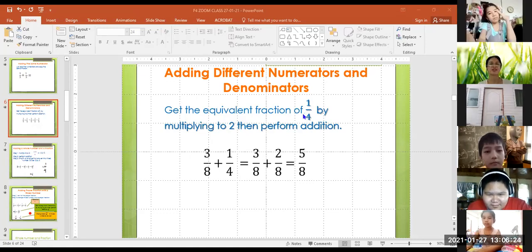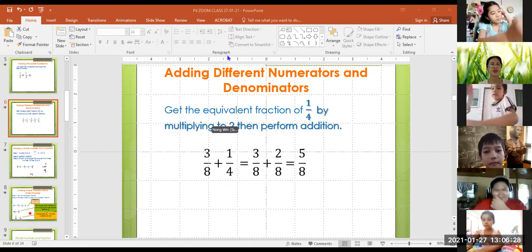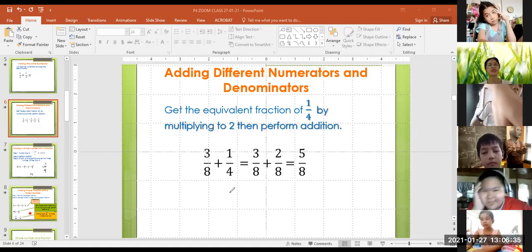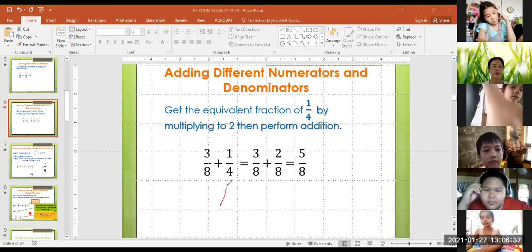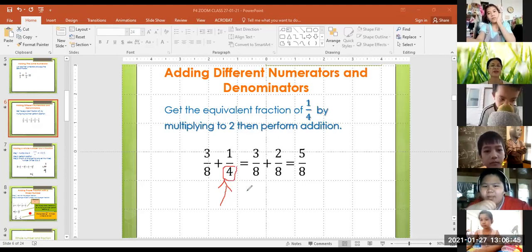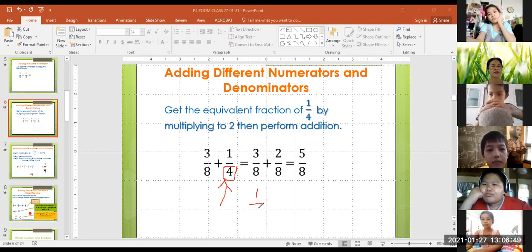So you will have to think of a number that you can multiply 4 by, so that we can have the same denominator of 8.